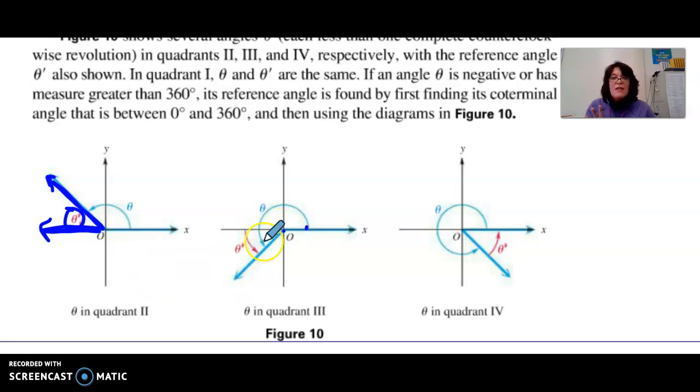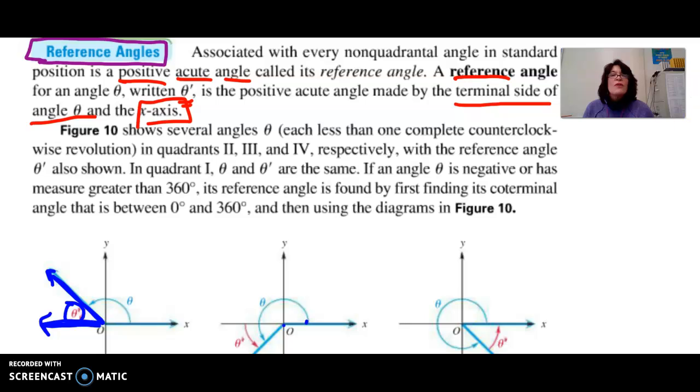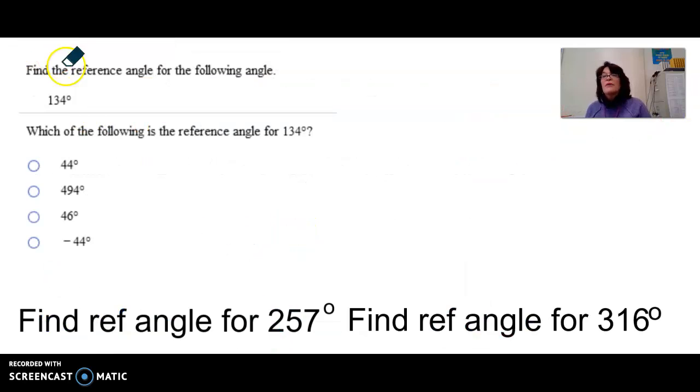Just how much is this? It looks like about 45 degrees maybe, I don't know. But that would be what I would refer to for this angle. If I'm in the fourth quadrant, then it's the angle formed here from the terminal side to the initial side, actually, but the short little one, the acute angle. Okay? Those are called reference angles. We use those to help us find the sine, cosine, and tangent of our original angle.